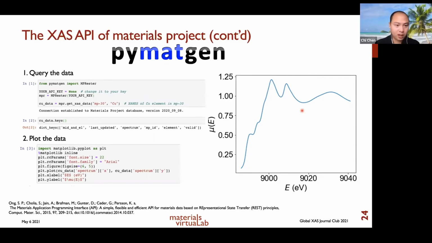For example, downloading the copper XANES spectrum can be as easy as one line of code. Then you can plot the data in your notebook or whatever you like. This is a pretty convenient way to get the data, do a quick visualization, or do a quick comparison to your experimental data.